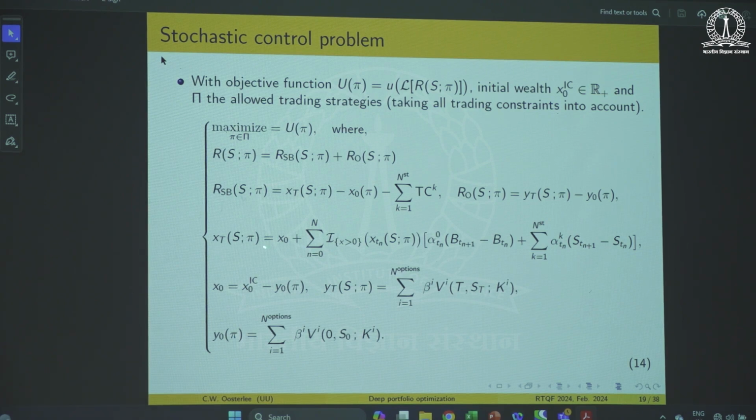The wealth at final time is the initial wealth plus the sum over all these time points of the indicator that the wealth should stay positive, times the change in alpha 0 times the change in bond values plus alpha k times the change in stock values. And Y at T is the sum of beta i v_i, where v_i are both calls and puts.